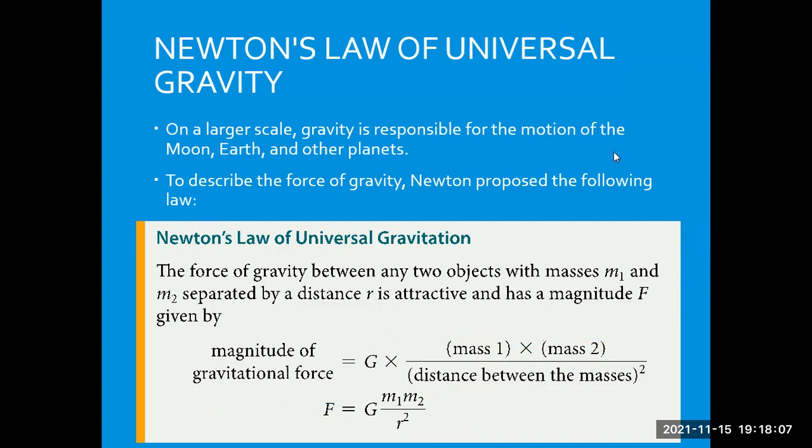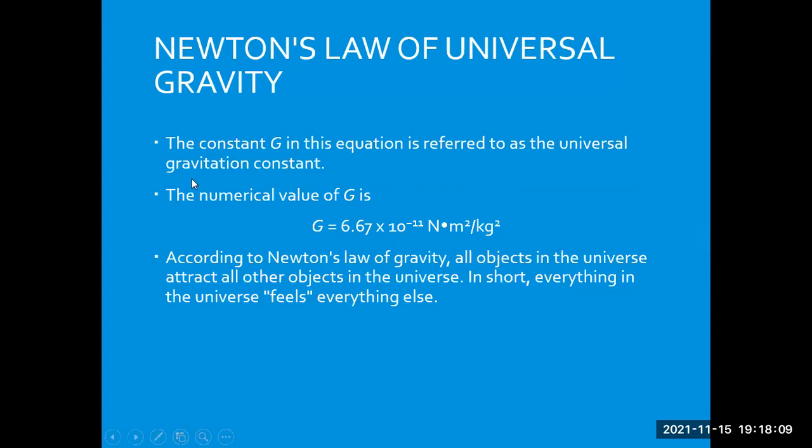So pag sinabing constant value, the constant G in the equation is referred to as the universal gravitational constant. The numerical value of G is 6.67 times 10 raised to negative 11 Newton meter squared per kilogram squared.